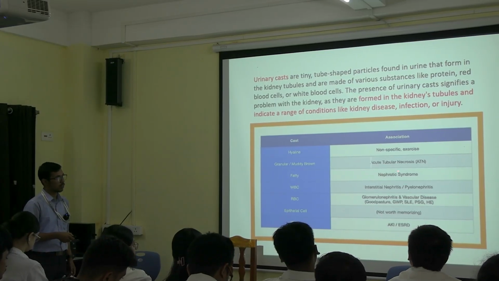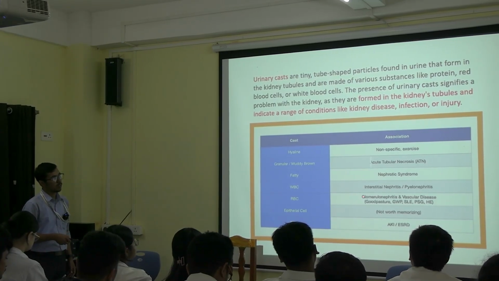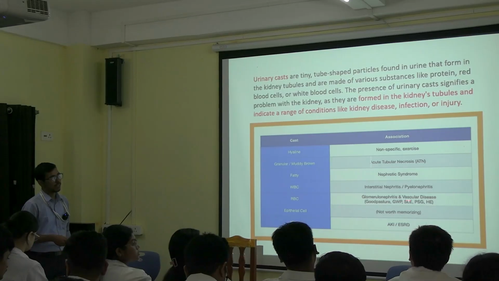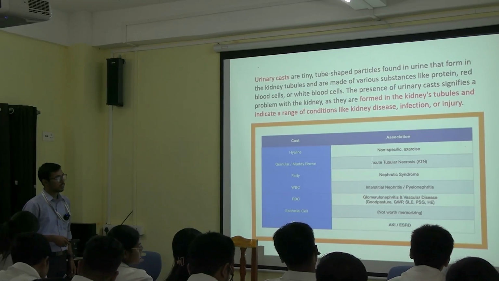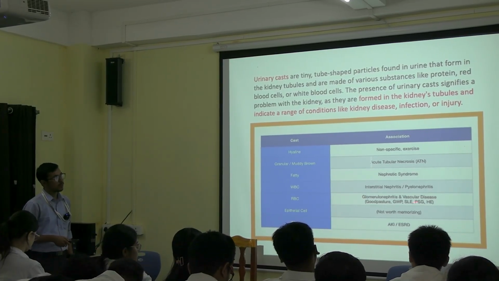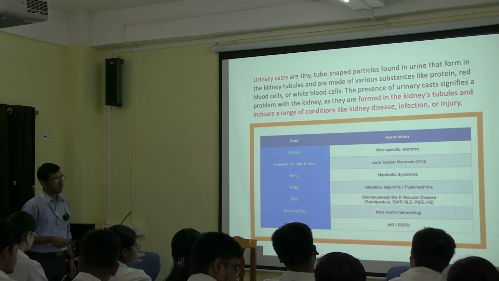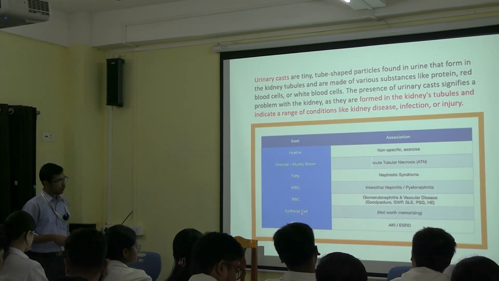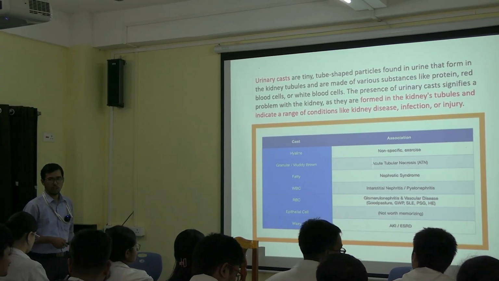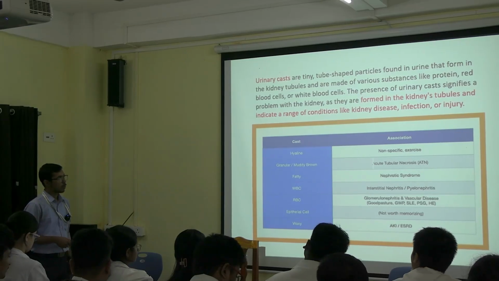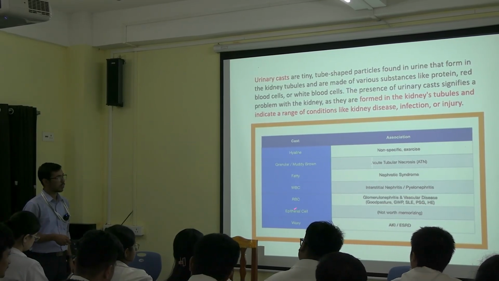So WBCs can be found in urine. Then RBC casts will be found in glomerular nephritis and vascular diseases. The vascular diseases like Goodpasture syndrome, SLE, post-streptococcal glomerulonephritis, etc. Then epithelial cells can normally be found from the urinary tract, they can be found in urine.